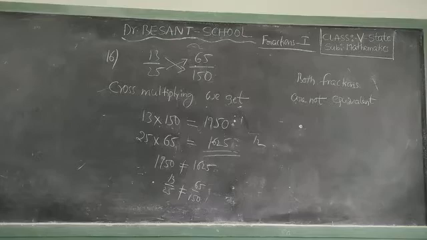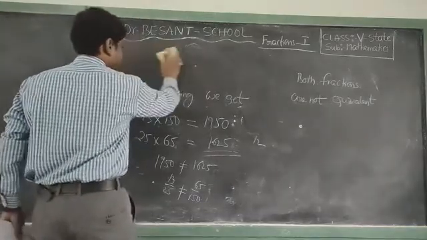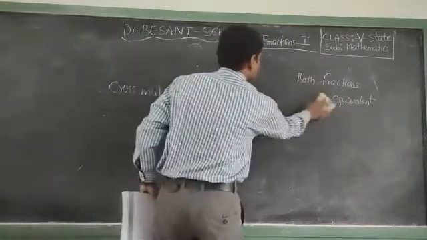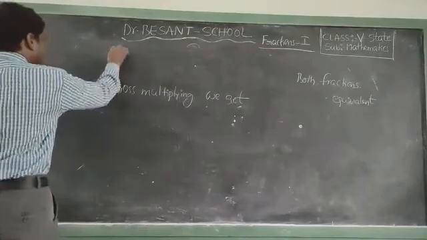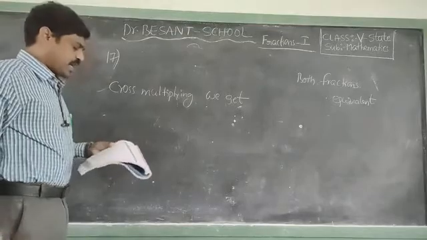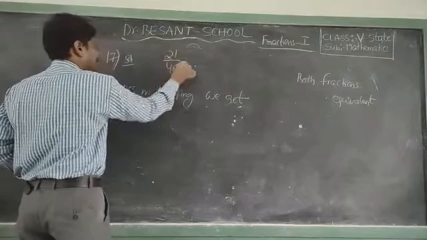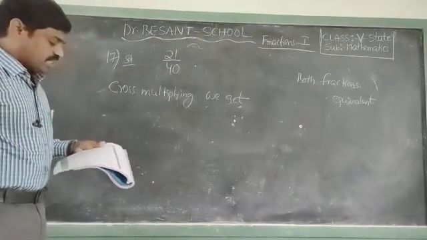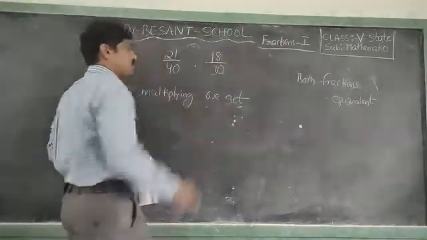Next, 17th one. See, fraction of distance run by Rishi is 21 by 40. So first fraction is what? 21 by 40. Fraction of the distance run by Kushal is 18 by 30.